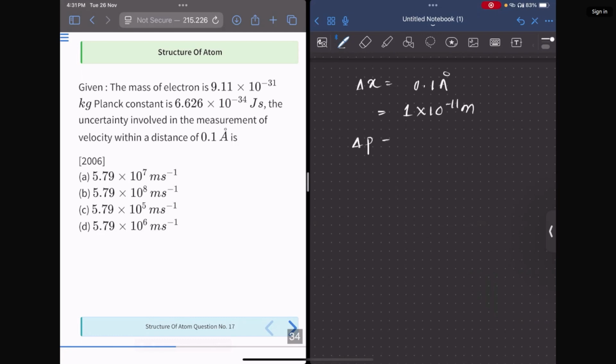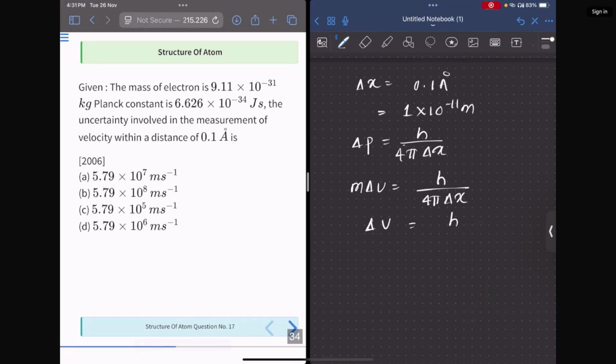Del P, we all know, h by 4 pi del X. Okay. M del V equal to h by 4 pi del X. We have to find out the del V.